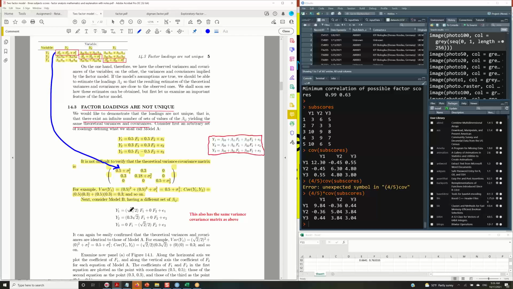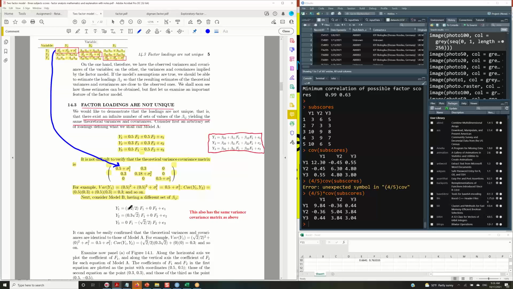And here is another loading, and it will also give the same variance covariance matrix. That's where I'm going. This is another example where if you do the same thing here, you will get these same values. This is beta 1 1, beta 1 2, beta 2 1, beta 2 2, beta 3 1, beta 3 2.